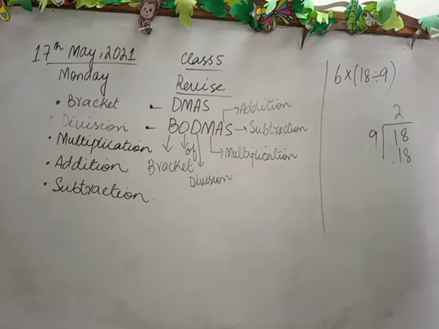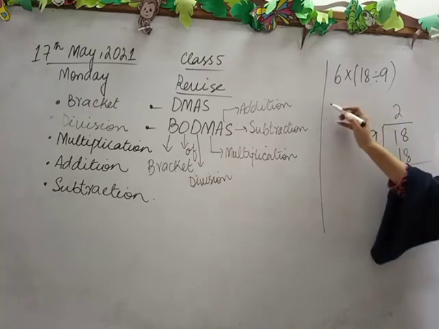Who will tell me what is the next step in division? Very good. We will subtract. When we subtract 18 minus 18, we have 0 in the end.